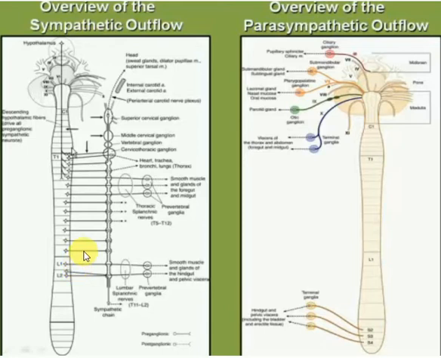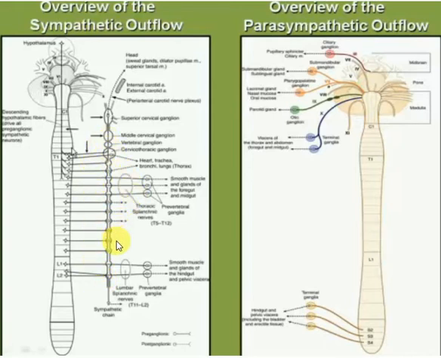When we ask where the postganglionic cell bodies are present, in order to answer that question, we'll have to divide, because the postganglionic cell bodies, both sympathetic and parasympathetic, are present in the peripheral nervous system.